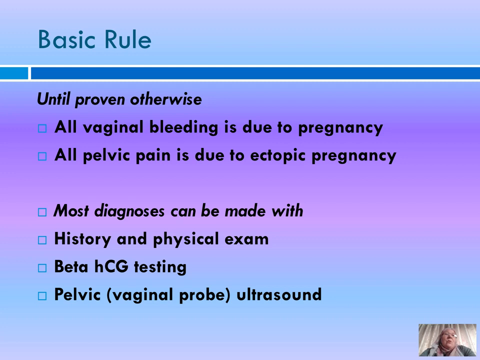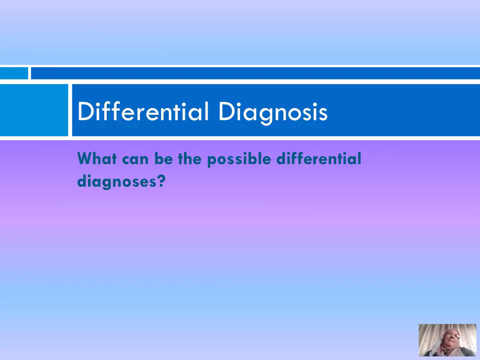As long as you do not know differently, abnormal vaginal bleeding is due to pregnancy, and all pelvic pain is due to ectopic pregnancy. So most diagnoses can be made by a history, a physical examination, beta HCG testing, and transvaginal ultrasound scan.